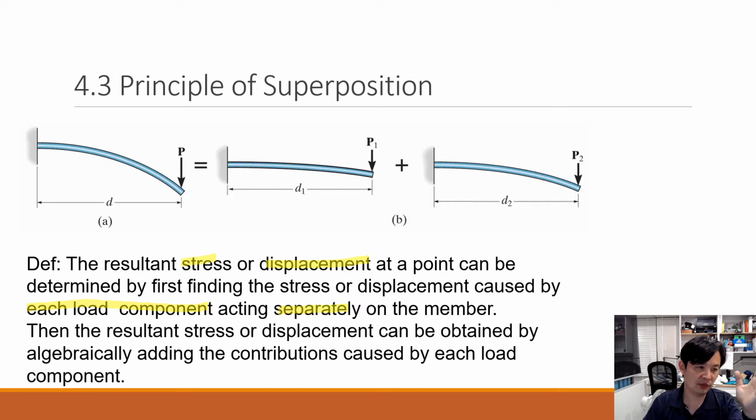So you derive, for example, concentrated force at once, moment at the other, distributed load in the third. Then you don't need to worry about that complex condition. You just need to add the results of these three cases together. Then you can get a good result without any problem.